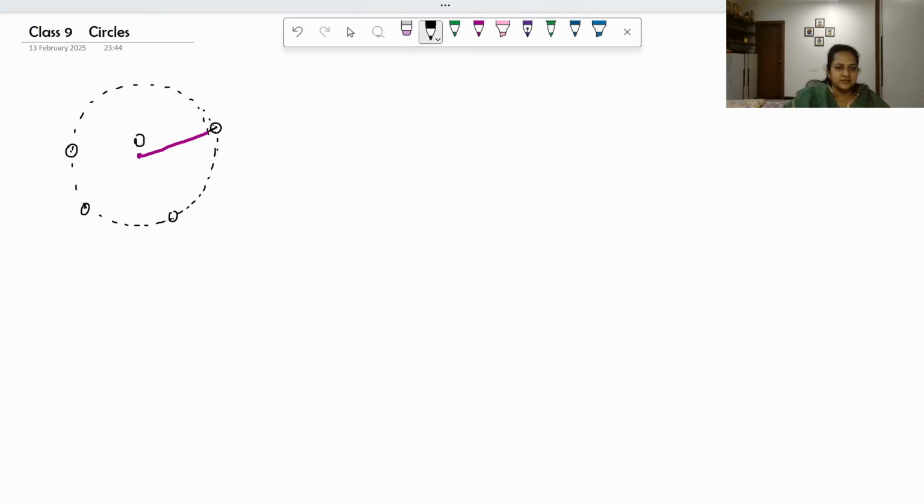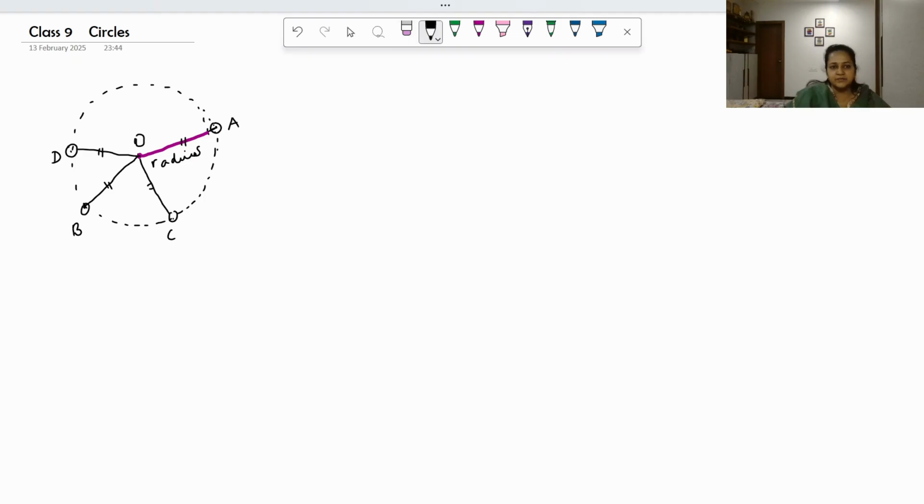O is the center, and if I call this point A, then OA is the radius of the circle. What about this point? If I call them A, B, C, D, then OB is the radius, OC is the radius, OD is the radius. And what do we know? All these points are at equal distance from O. That means OA equals OC equals OB equals OD.